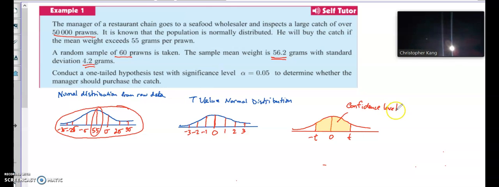This confidence level says if your null hypothesis is within the area between negative t and positive t, then we accept our null hypothesis.